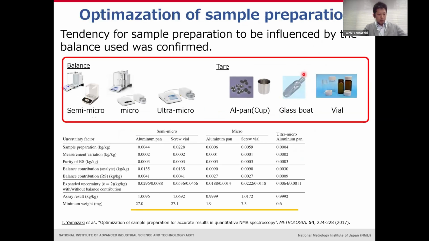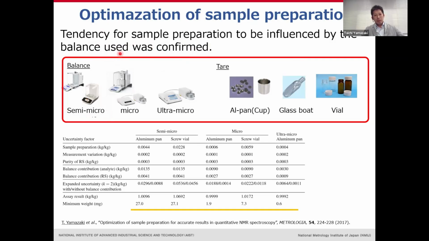So this slide presents the difference of accuracy between the resolution of the balance and the tare combination after the pilot study. The tendency for sample preparation to be influenced by the balance used was confirmed.